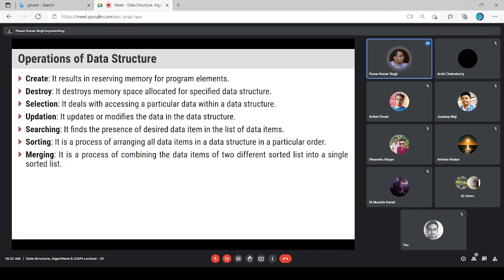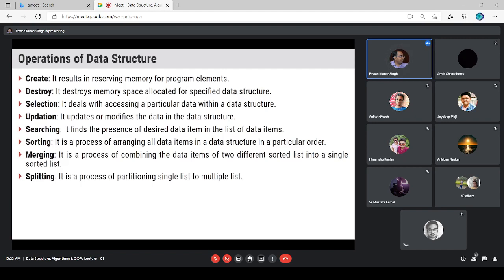Suppose you have two different lists of students, the IW students of second year and the IW students of third year, and we are merging them into a single list based on some criteria. That I want to see the names of the students who have achieved the top five, who are in the top 10. So we can also perform the merging operation.